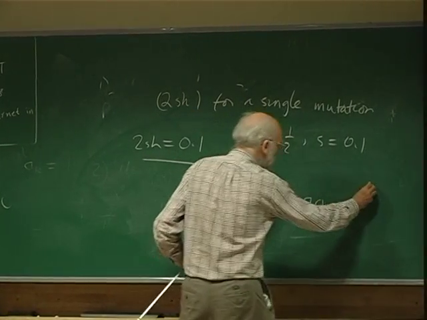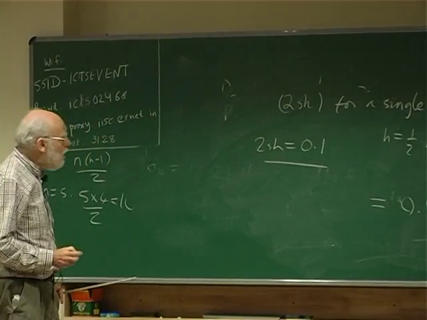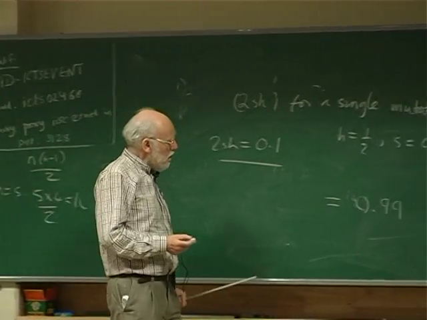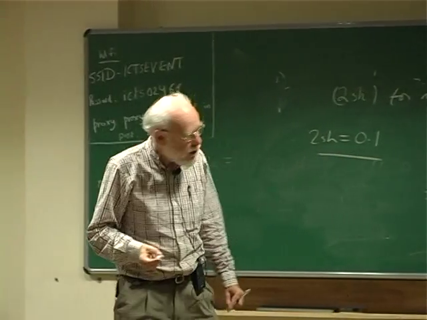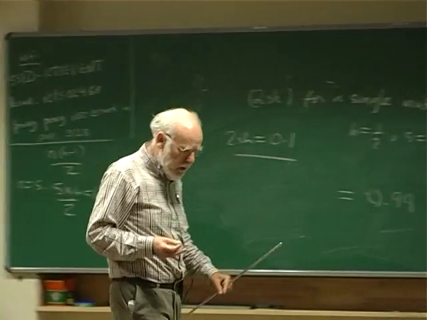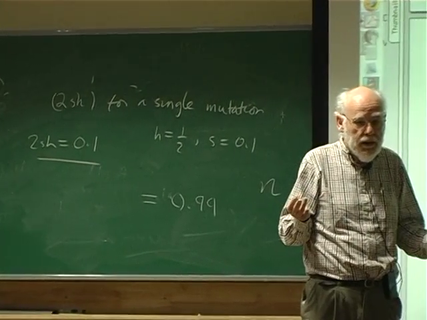So we want the number of mutations that gives us a probability of fixation of 0.99. So the number we want, let's say, is n, the number of mutations that arise such that the overall probability of establishment, survival of the mutation is 0.99. So what do they have to do in order to become established?